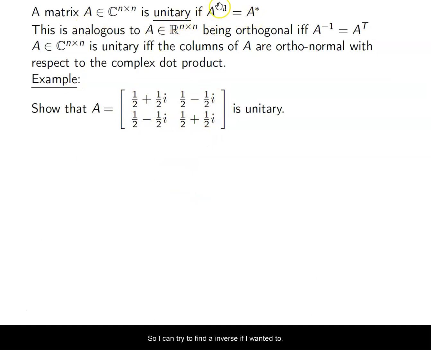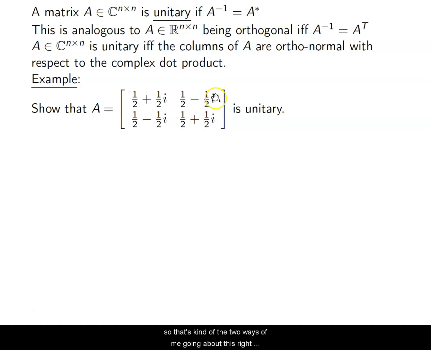I can try to find A inverse if I wanted to, which is fine, and show that that's the same thing as A star. So I could find A star and then find A inverse and compare those two. That's one thing to show that this is unitary. Or what we're going to do now is show that my column vectors are orthonormal, so that this is a length of 1 and this is a length of 1, and that this vector and this vector are orthogonal to each other, right?